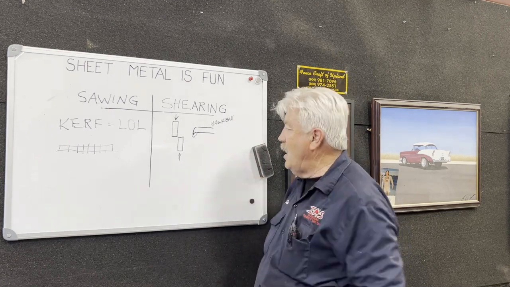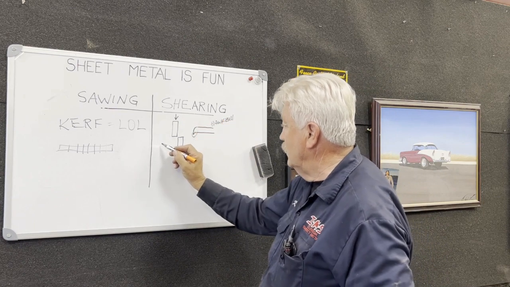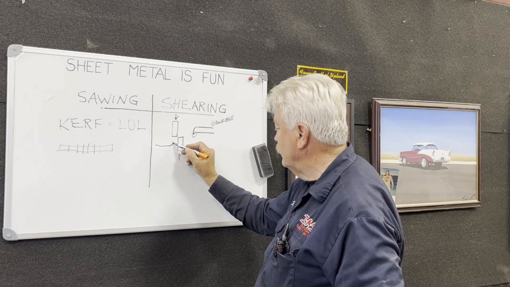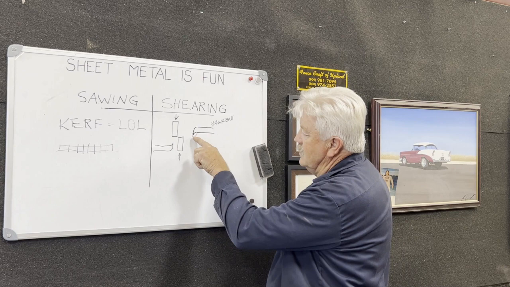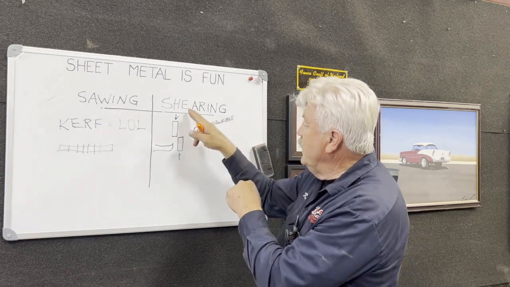Sometimes we'll call it a hawk bill. So the top piece is going to have a hawk bill down, and the bottom one is gonna have a hawk bill up, because we actually didn't saw the metal, we sheared the metal.